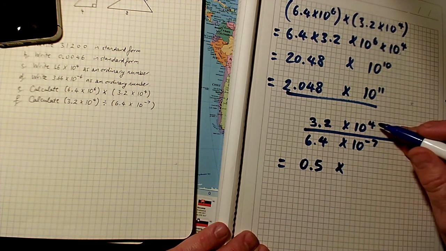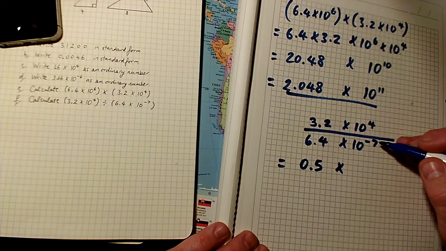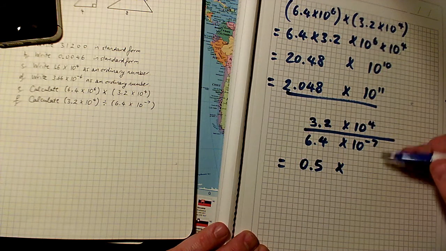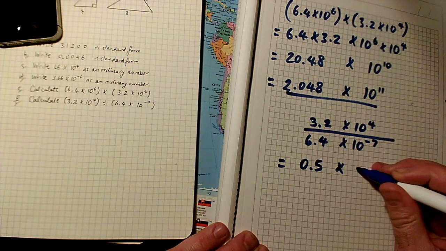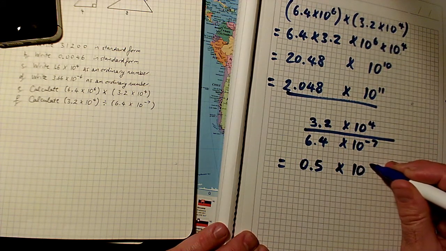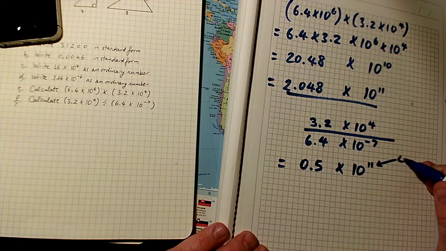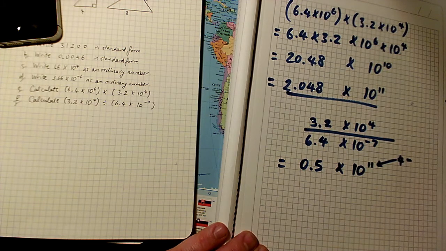And 10 to the power of 4 divided by 10 to the power of minus 7. Well, we've got to subtract the numbers because we're dividing the powers. So we're subtracting a minus 7.